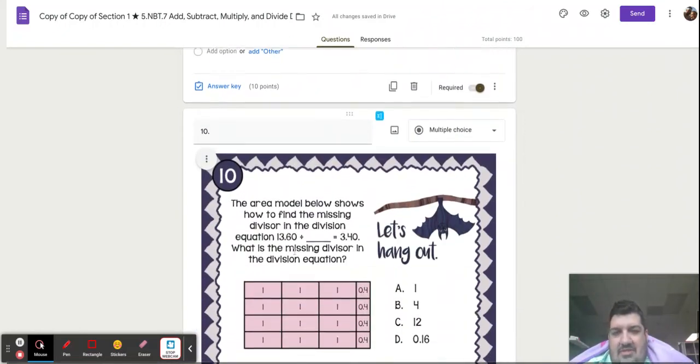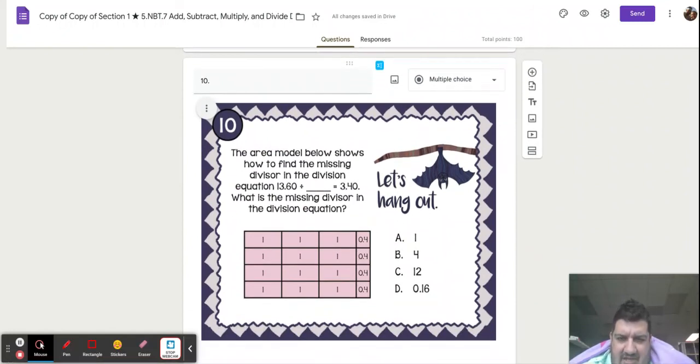Let's go. Last one. All right, so the area model. This one is one that Miss Morrison does not teach you, because again, it can sometimes be a little tricky, but you may see it eventually in the future. It's 13 and 60 hundredths divided by what equals 3 and 40 hundredths.